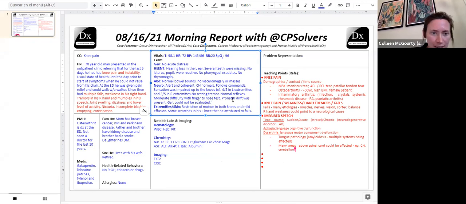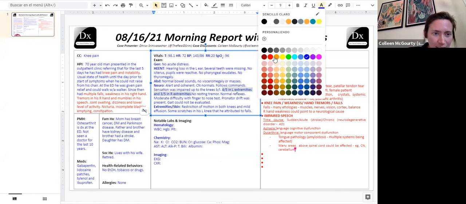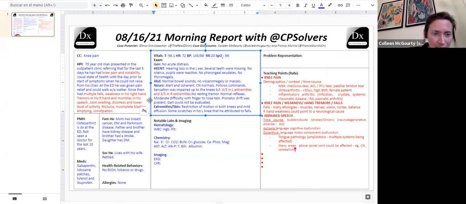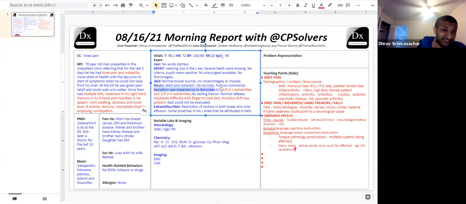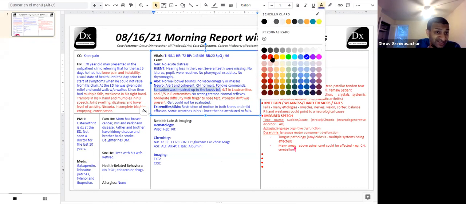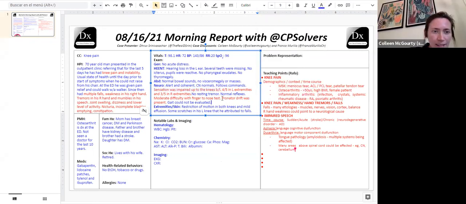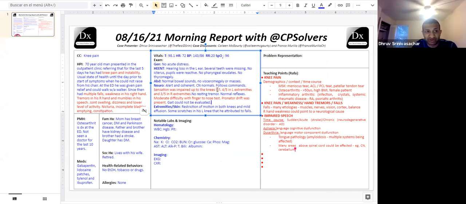And then, was that strength exam? His sensation was not impaired in his hands. He did have some numbness and tingling in his hands, but there was no impairment of sensation. Okay. It was only impaired in his lower extremities.